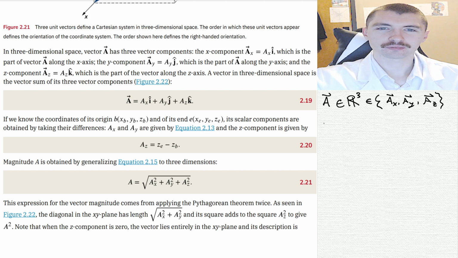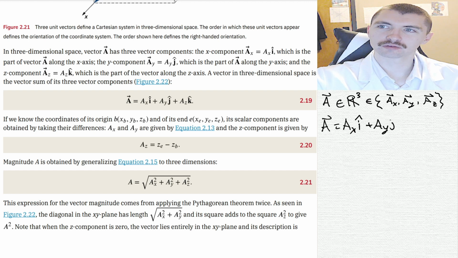So A is the magnitude of the X times the direction vector, plus the Y, plus the Z.